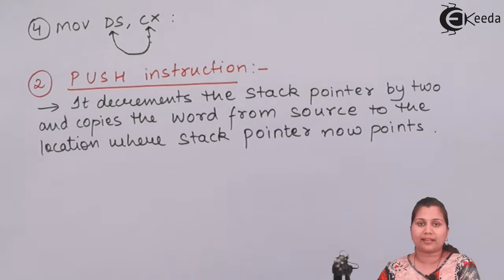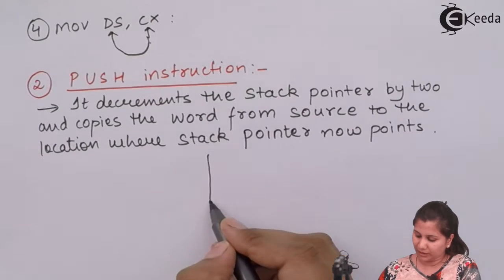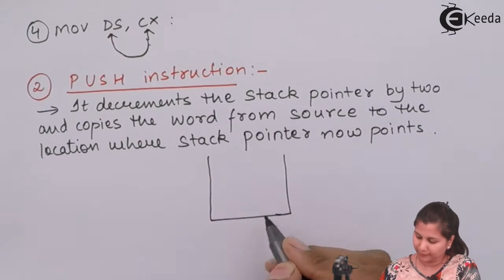So whenever the stack is used, it is always initialized to a memory location. This initialization of the stack is done with the help of the stack pointer. The stack pointer points to the beginning address from where the stack is starting. So suppose we have initialized the stack.